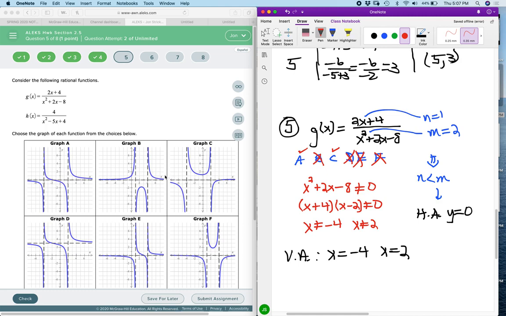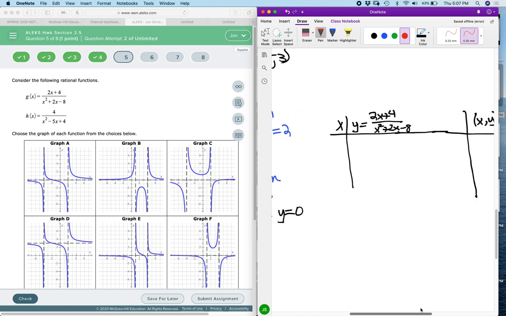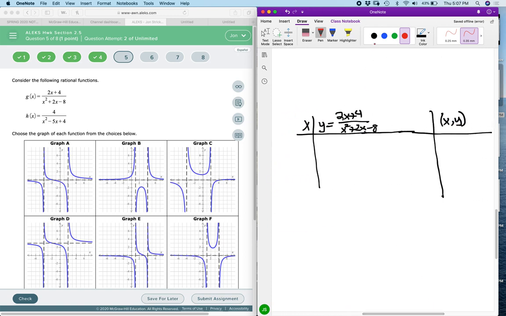Comparing these, we'll pick an x value that gives a distinct location for where the function will be situated. You have different y values where x is equal to 0. So if I plot a point with x equal to 0, the corresponding y value is 2 times 0 plus 4, which is 4, over 0 plus 0 minus 8, which is -8.